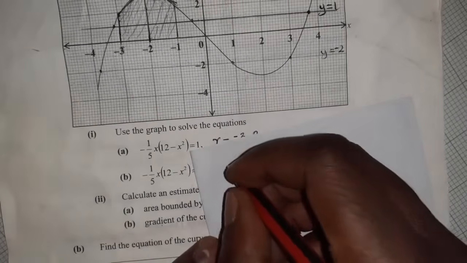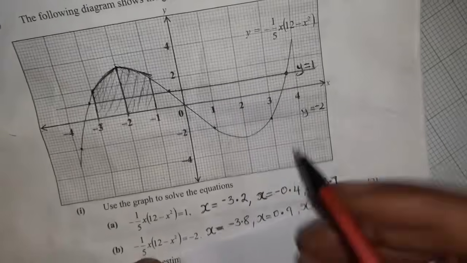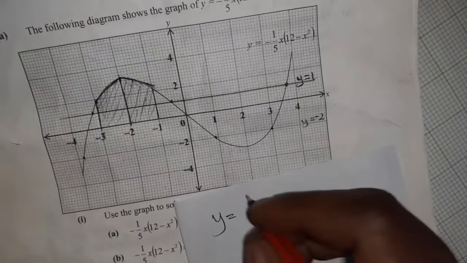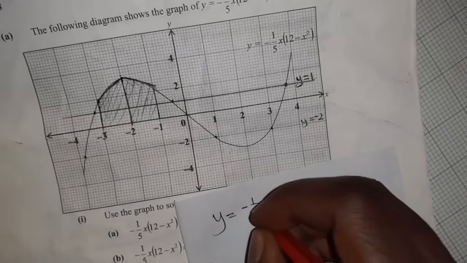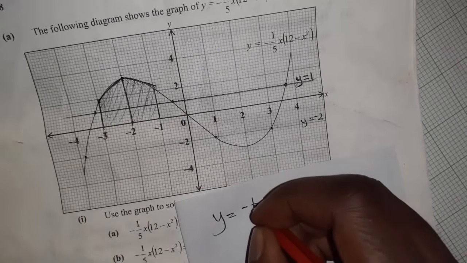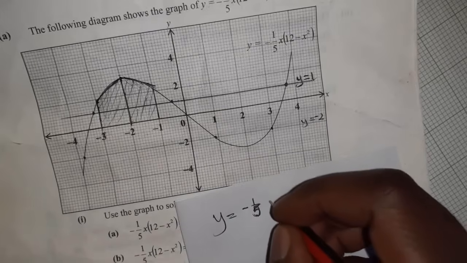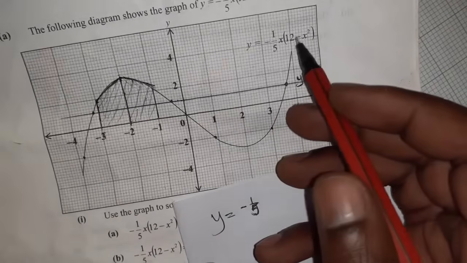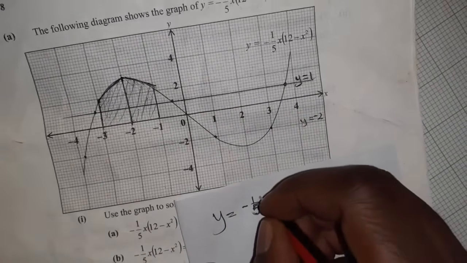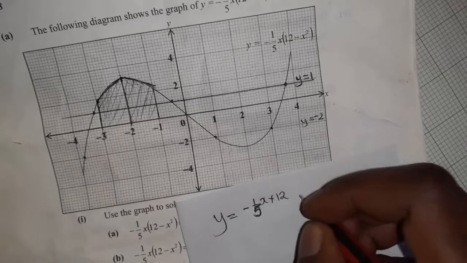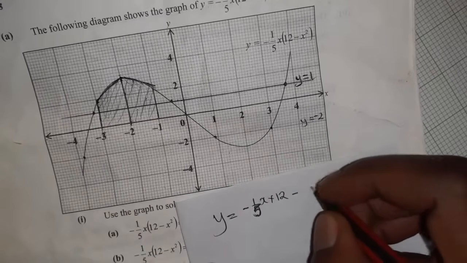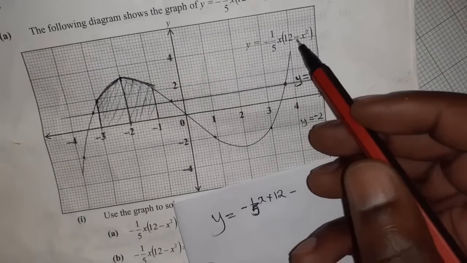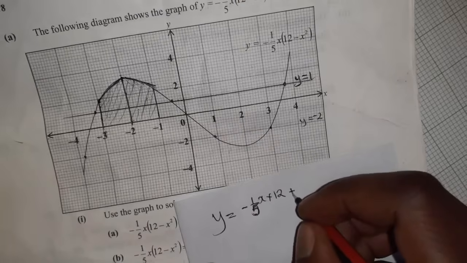For this one, the easiest thing you can do is to write this same one here. Then you distribute the fraction that is outside. So you're going to have negative 1 over 5 multiplied by what is inside here. Negative 1 over 5x multiplied by 12 minus, again, of course you know that the negative that is outside and the negative that is there will give us a plus.